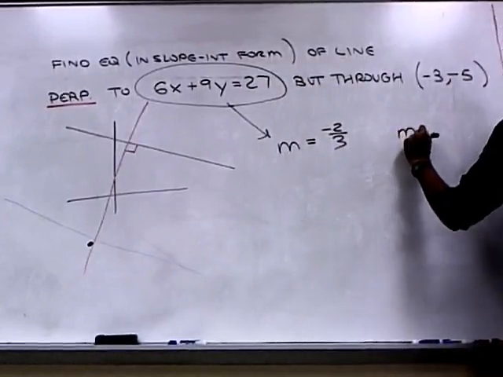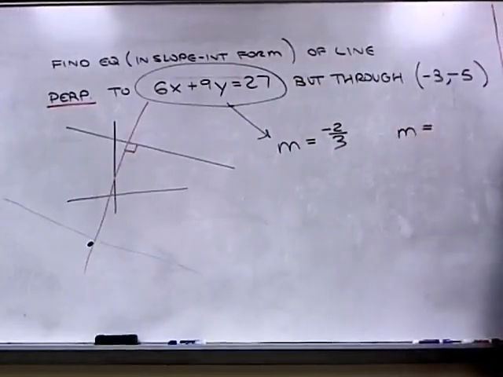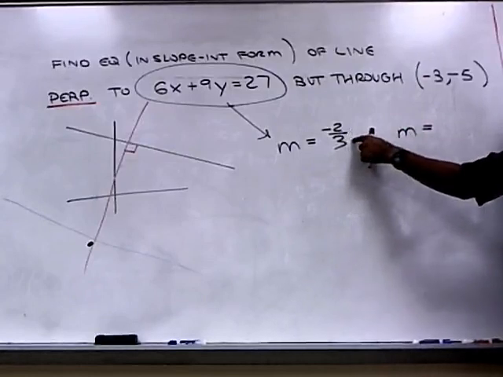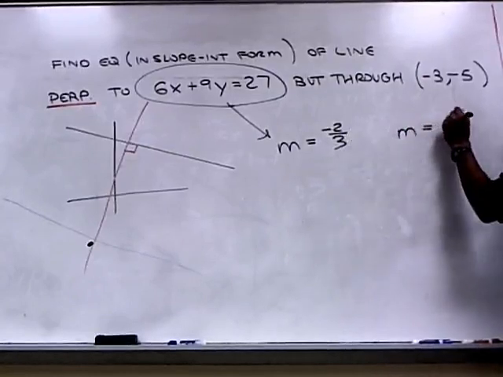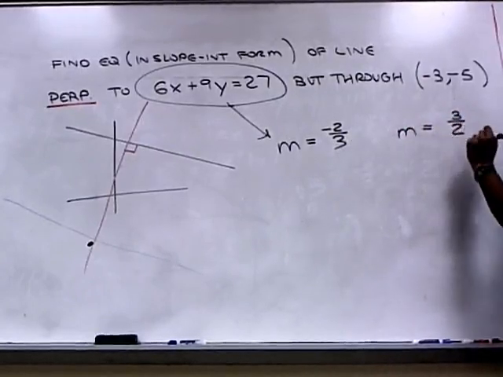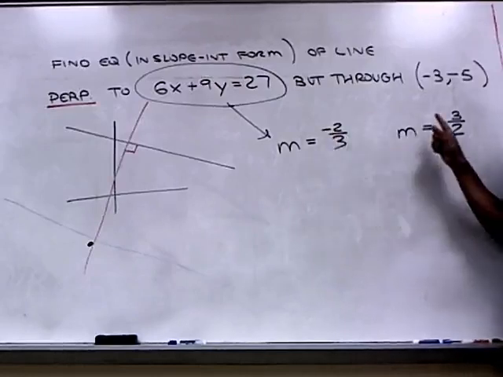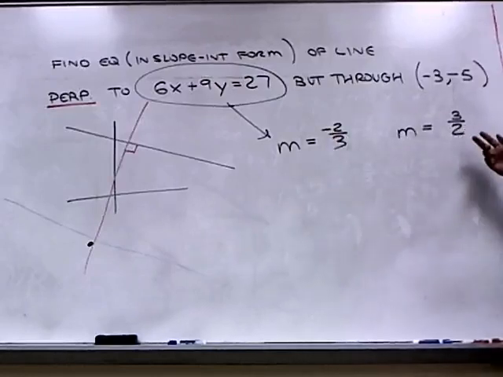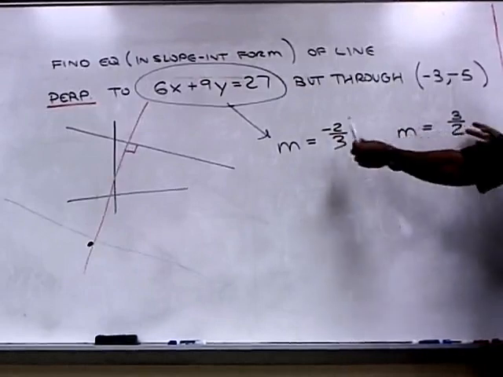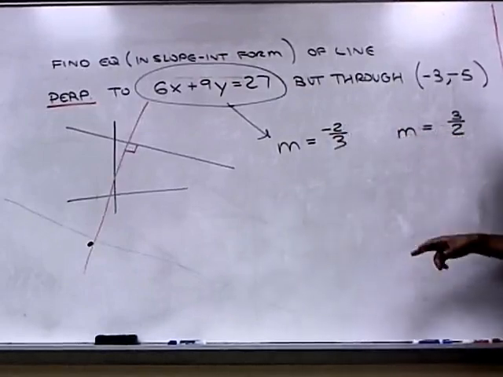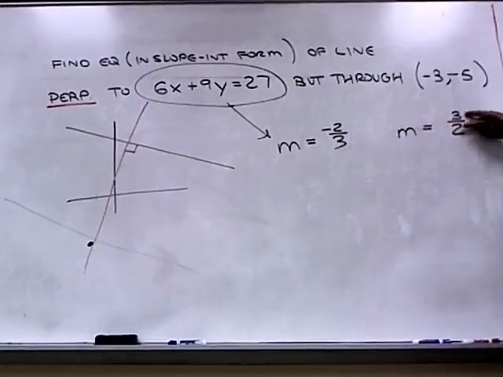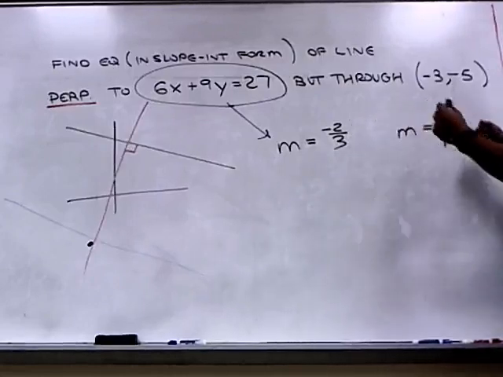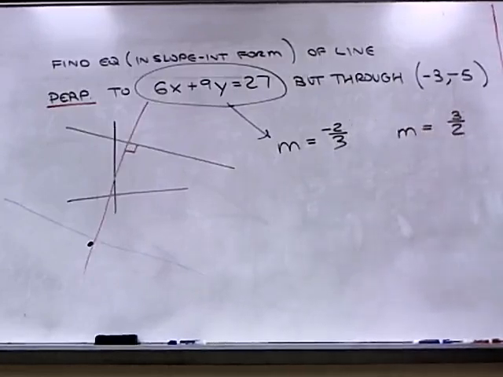So the slope of our line will be this fraction flipped over with the sign changed. Since it's negative, I make it positive. We talked last time about how they have to multiply to be -1. Well, another way you can do it is just flip it and change the sign. And you can check right now. If you multiply those two together, you get -1.